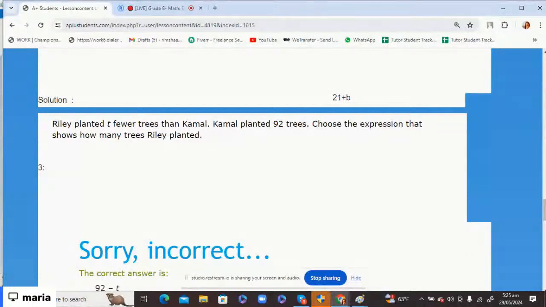T is fewer than that, so now you are going to subtract T from 92. Choose the expression that shows how many trees Riley planted. So it's 92 trees, and Riley planted T fewer than Cameron. We are going to write it this way.